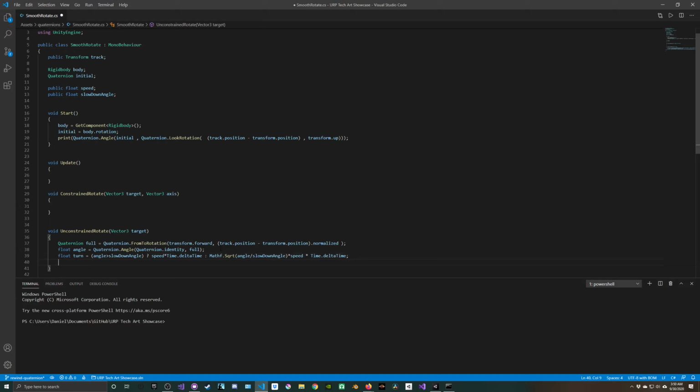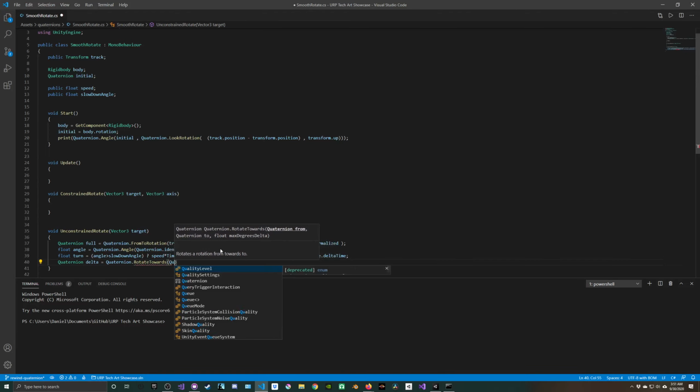Now that we have the actual angle that we want to turn by, there's a nice little quaternion function that again handles this for us, and that's Quaternion.RotateTowards. So let's call this delta. And we have a starting quaternion, which is just our body.rotation. Our final one, we can do like we did above.